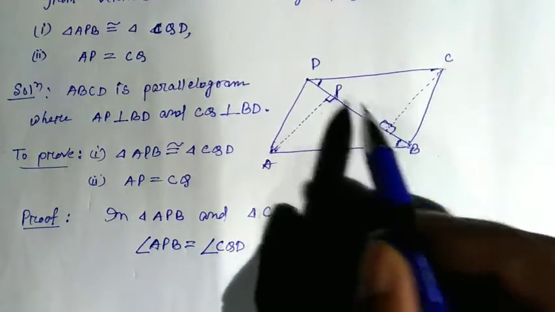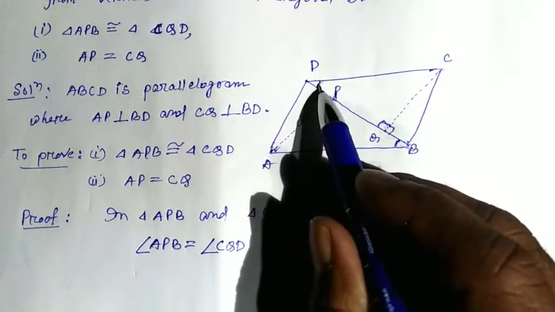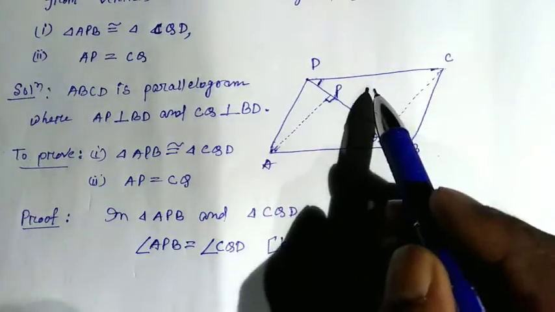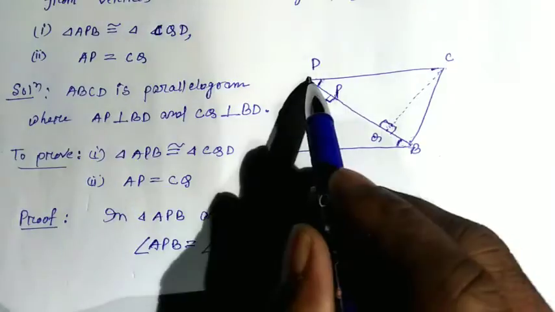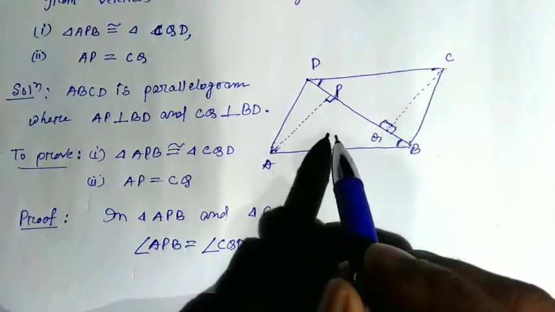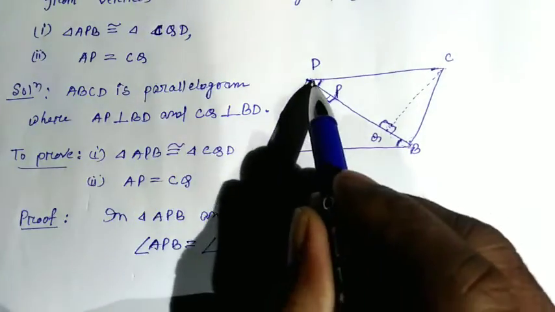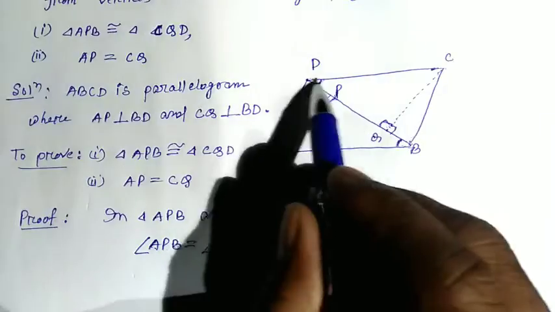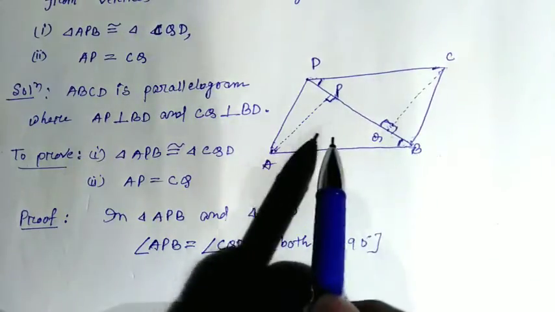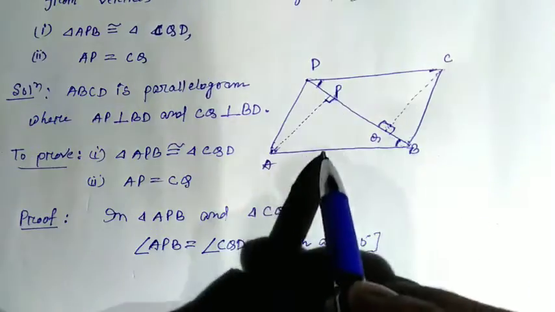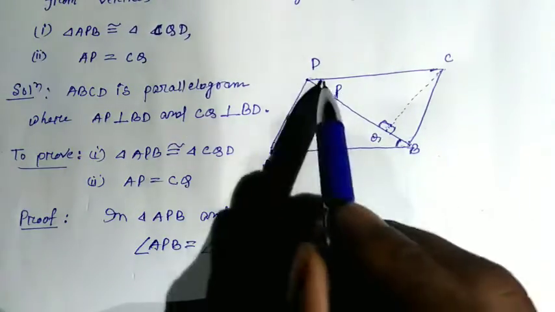Now see, in triangle APB this angle, and in triangle CQD this angle. These two angles are alternate angles, since ABCD is a parallelogram and AB is parallel to DC. In a parallelogram opposite sides are parallel. So if we consider BD as transversal, then these two lines are parallel, and since they are parallel, alternate angles are equal.